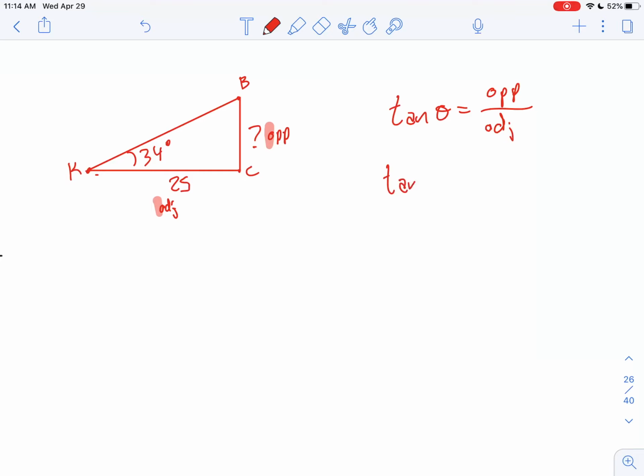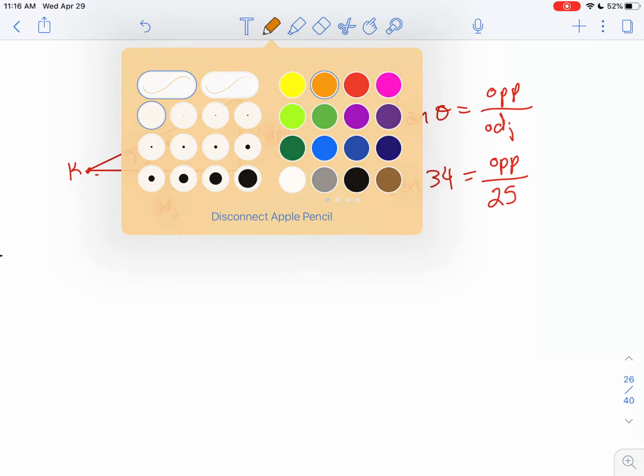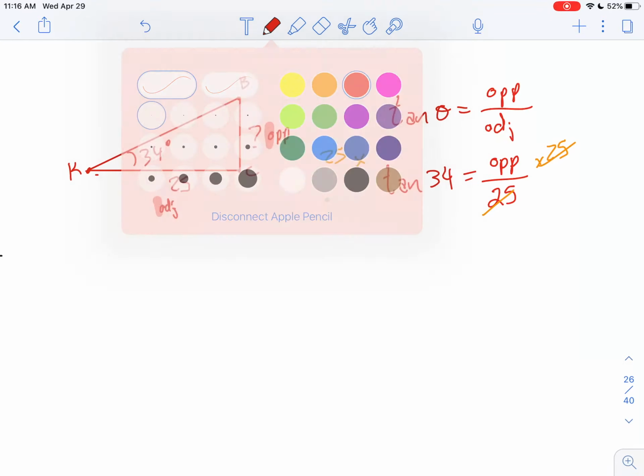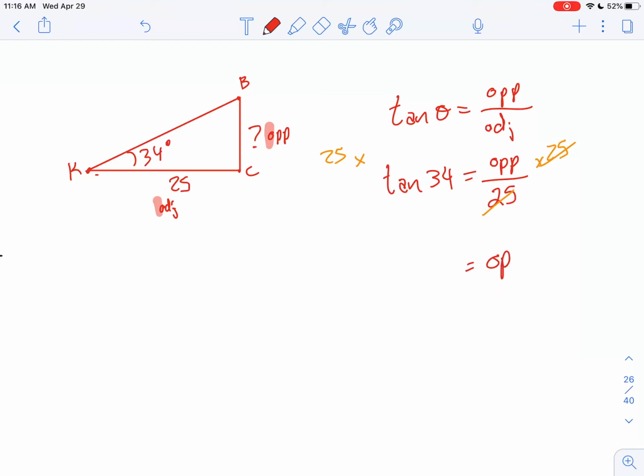And tan of theta, and this happens to be 34 degrees, is equal to the opposite. I don't know what that opposite is. I'm just going to leave it as op, or I could write x there. Might be a little more formal. Divided by the adjacent, which is 25. Now I want to isolate for op, so I'm going to multiply both sides by 25, and that's going to divide to 1 there, and we're going to have isolated for opposite on this side.